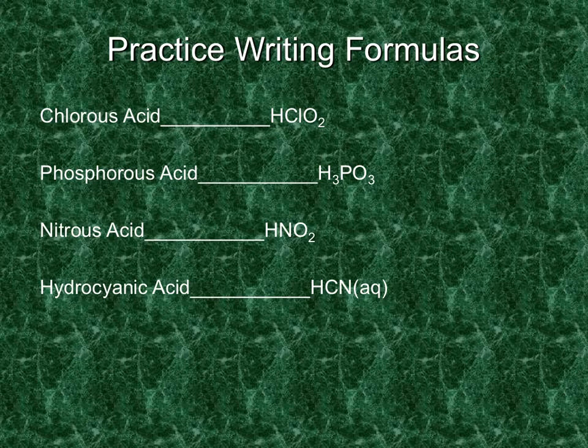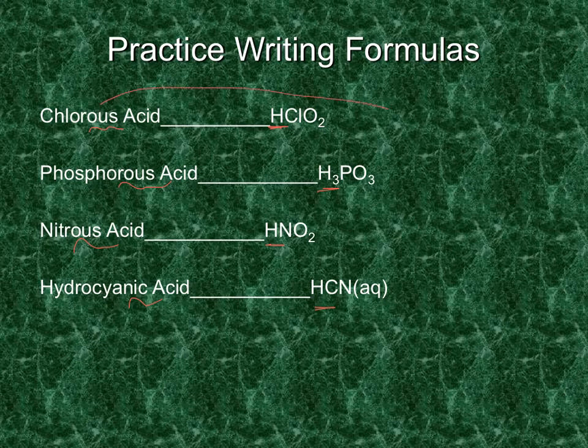How did you do? So notice all of the formulas start with H. Okay. The ones that end in -ous or -ic, which is all of them, mean that you have oxyacids. Okay, you have ones with polyatomic ions, and so you have to work backwards.